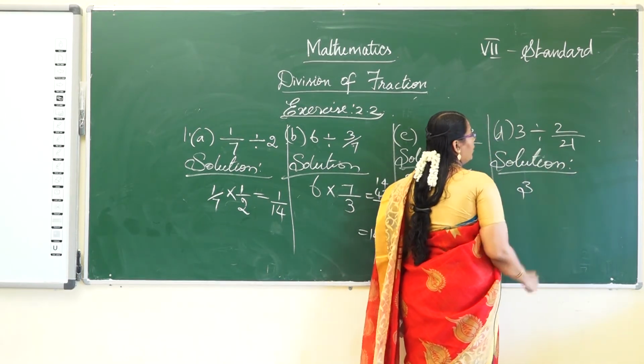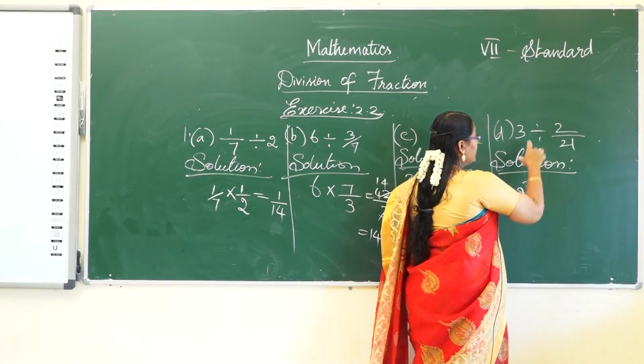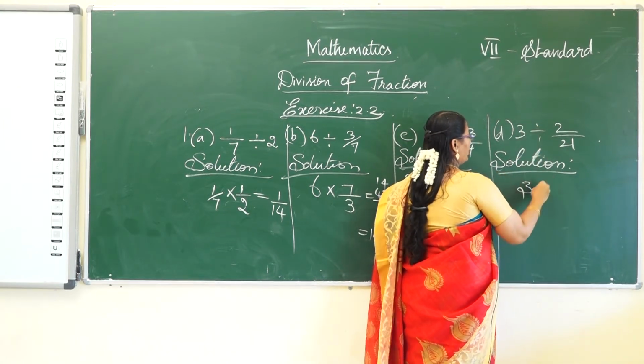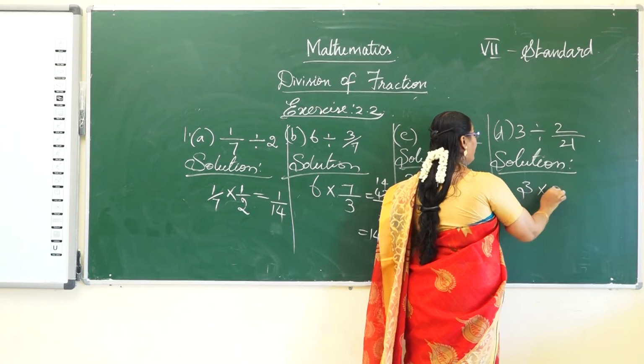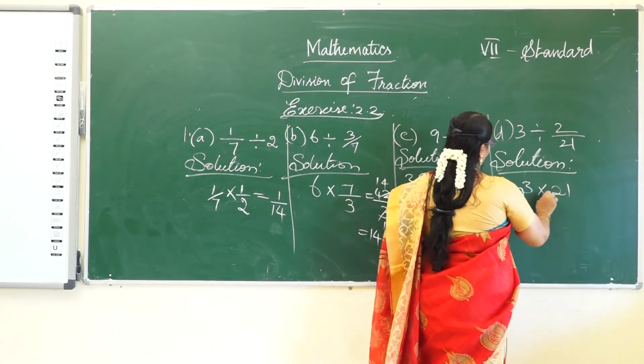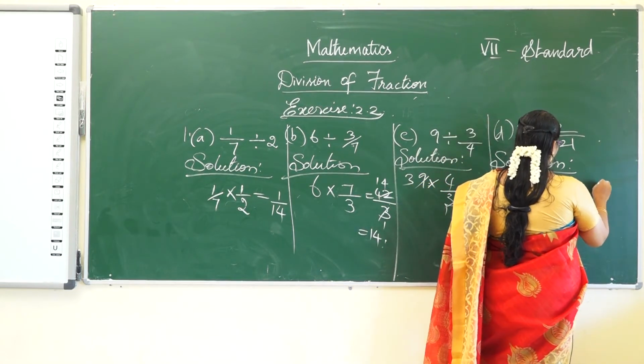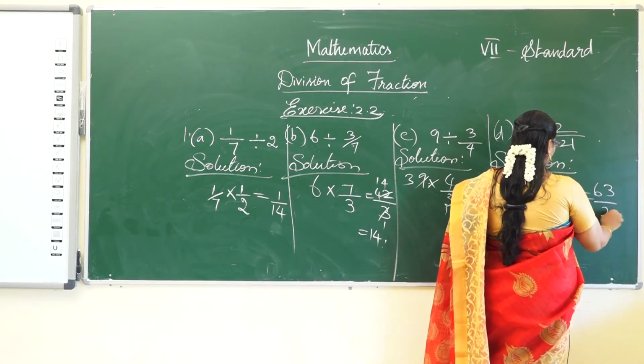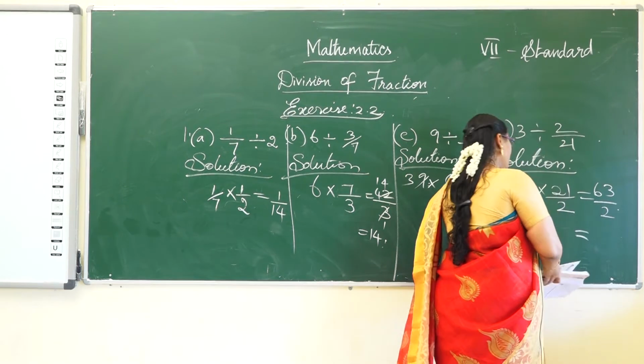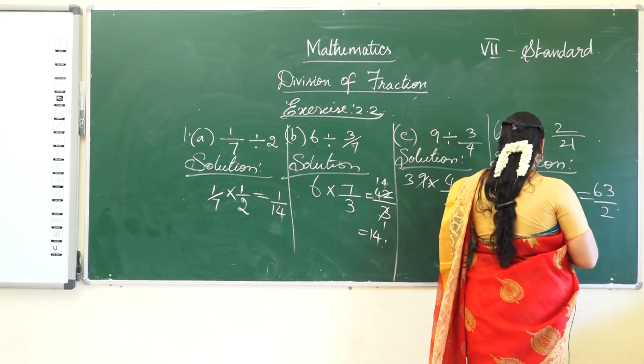And the next one, a whole number divided by a fraction. We multiply the whole number by the reciprocal of the fraction, which is 21/2. Multiplying the numerators gives 63/2. It can be written as a mixed fraction.